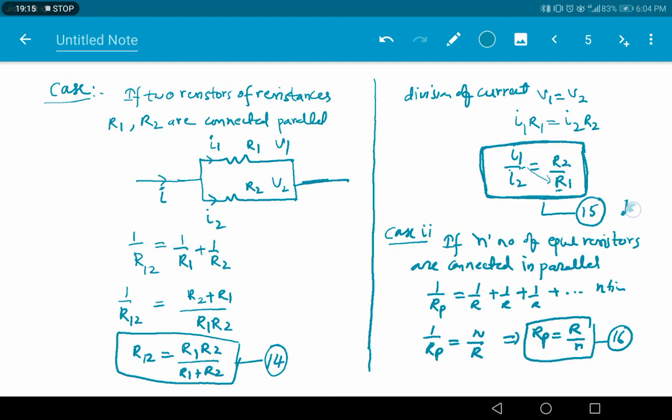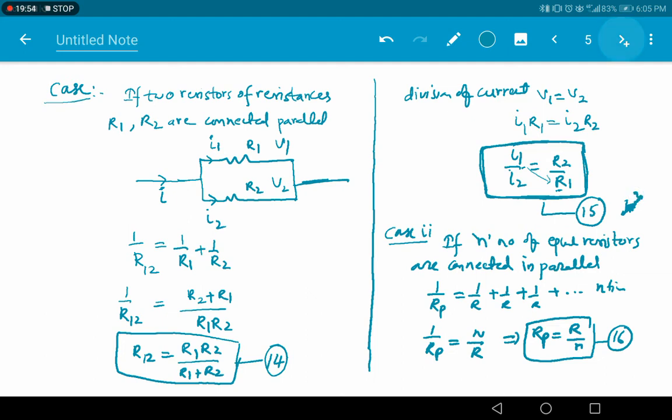This is where most students get confused: how to identify whether resistors are connected in series or parallel. It is a very confusing area for students learning this concept for the first time. I will try to clarify your doubts. Whatever problem they give, you should analyze whether the resistors are connected in series or parallel.